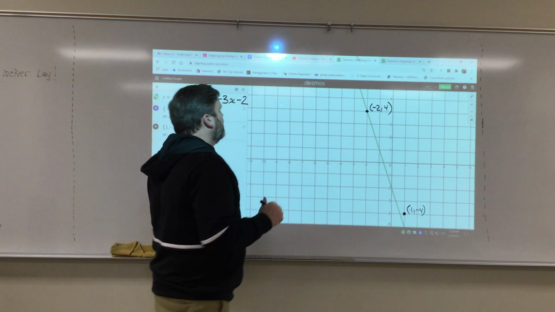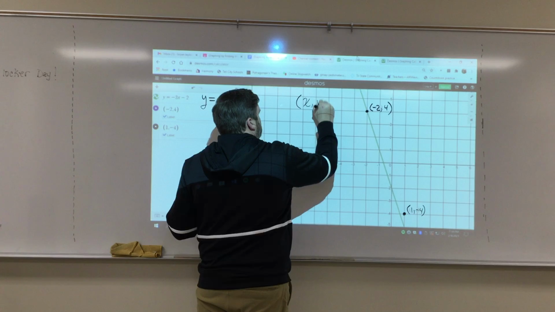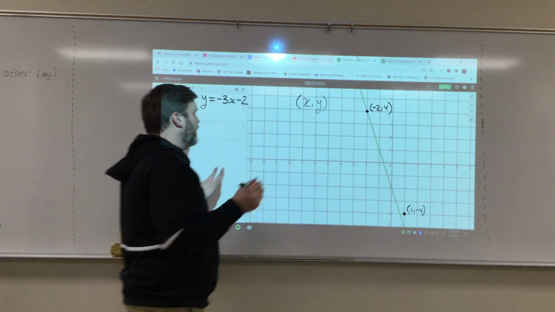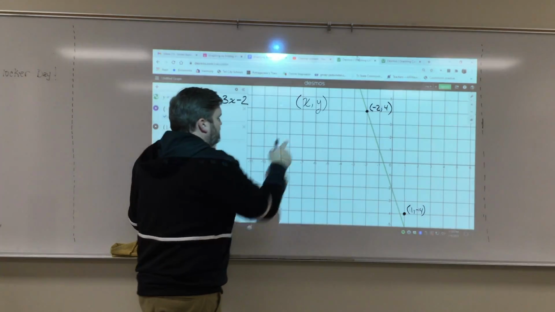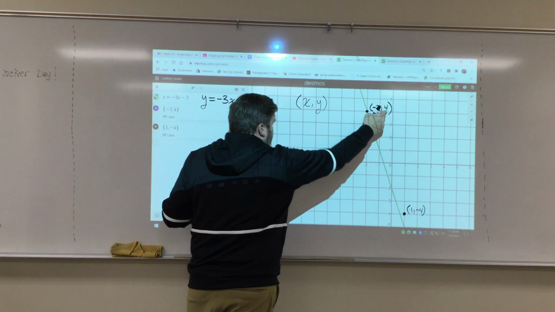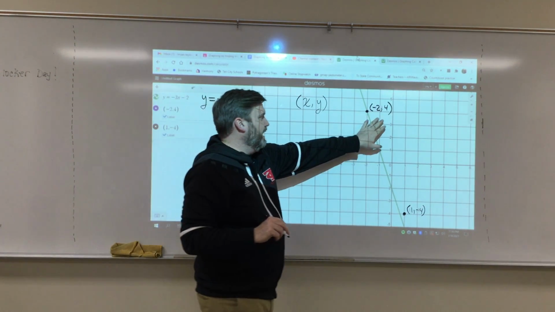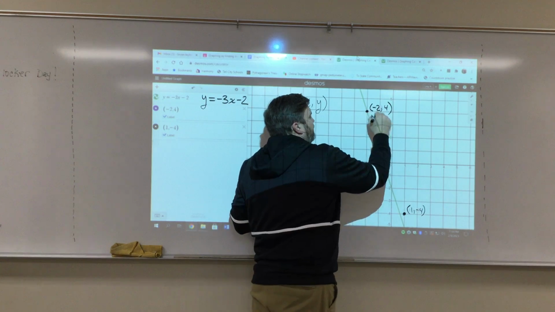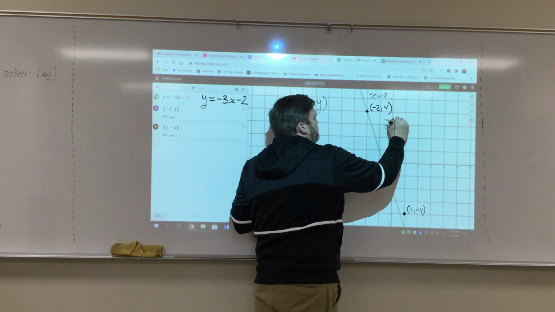Remember, all ordered pairs are written as x, y. So what we're going to do is just take the x value, plug it in for x, take the y value, plug it in for y. If we take this point negative 2, 4, x is negative 2, and y is 4.